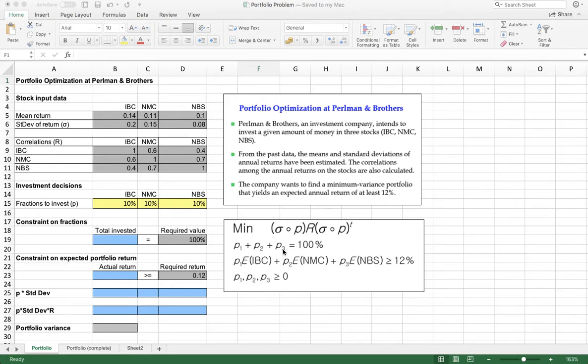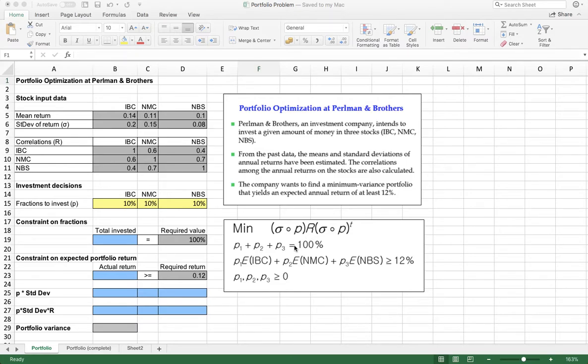We've discussed that the variance of my portfolio is expressed as shown here in the objective function. Here, sigma is the standard deviations of the stocks, and R represents the correlation matrix of this problem.